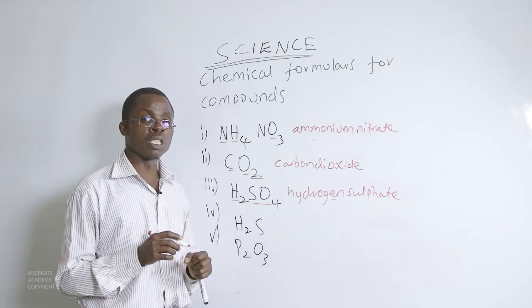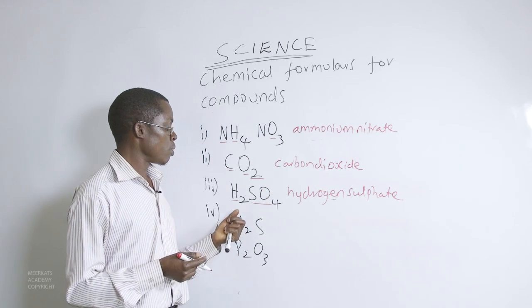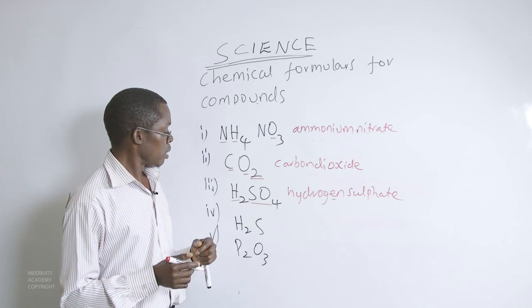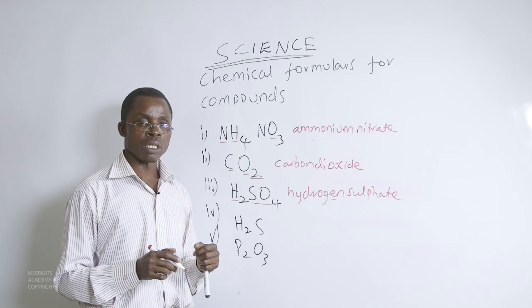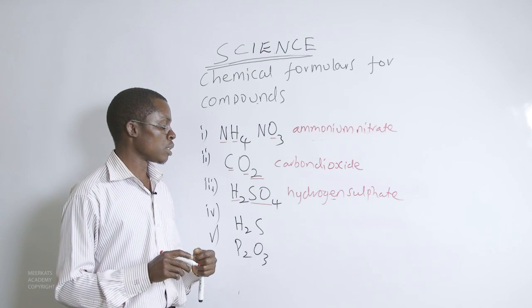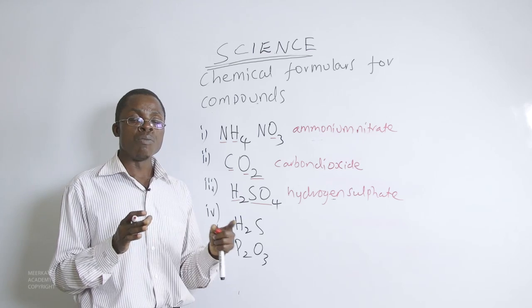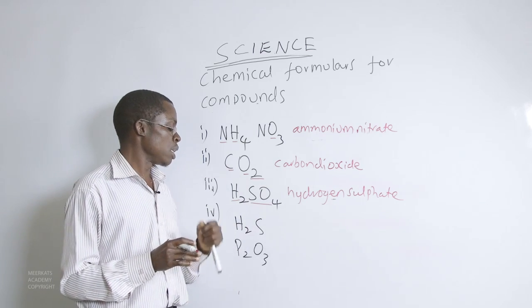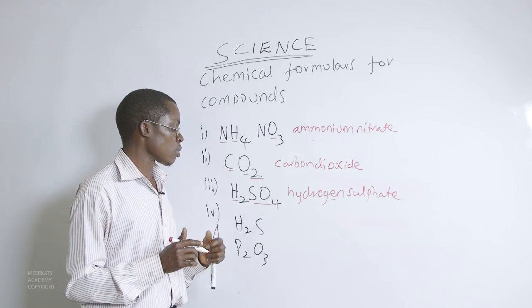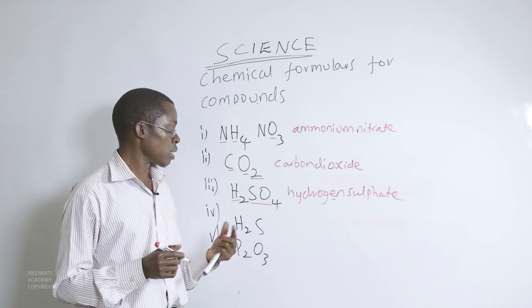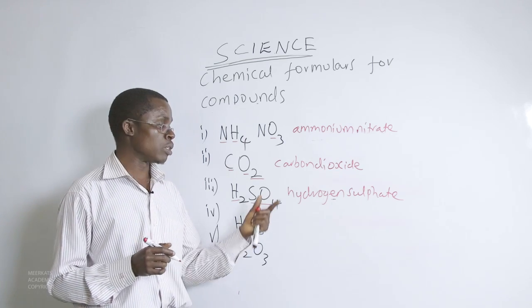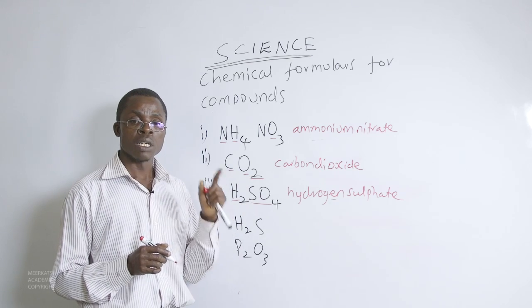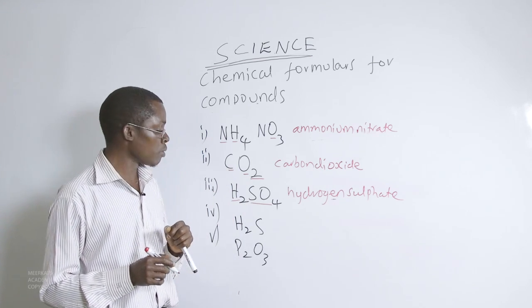But when you put it in solution, it dissolves, then we call it sulfuric acid. We call it sulfuric acid because of now being in solution form. But if it is taken the way it is, it's just called hydrogen sulfate, following the rule. But you dissolve it in water, it now becomes sulfuric acid, which is very important.